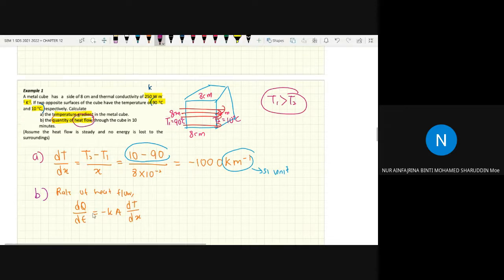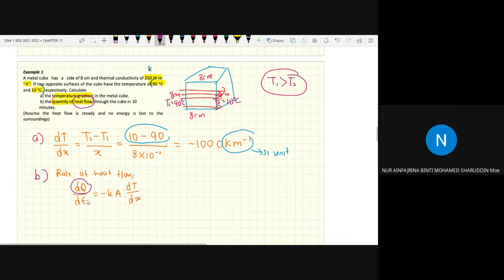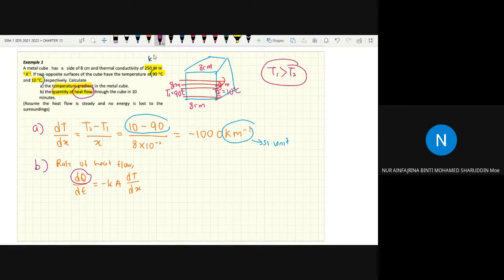Jadi bila minta heat flow, Miss nak cari dQ/dt ke Miss nak cari dQ saja? dQ je. Betul, thank you. Dia nak cari dQ sahaja. So what I'm going to do now, Miss akan darab dt dekat atas. So Miss nak cari Q lah. So dia adalah negative KA dT over dx darab dengan dt.